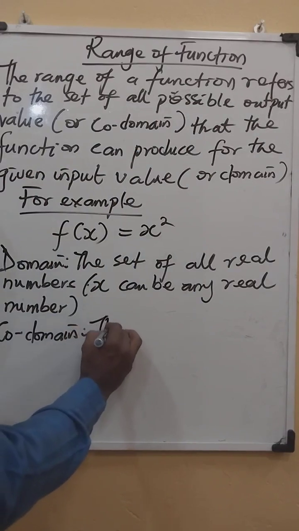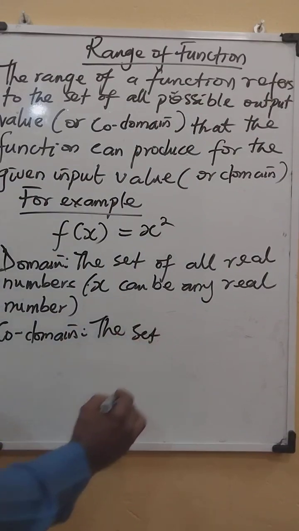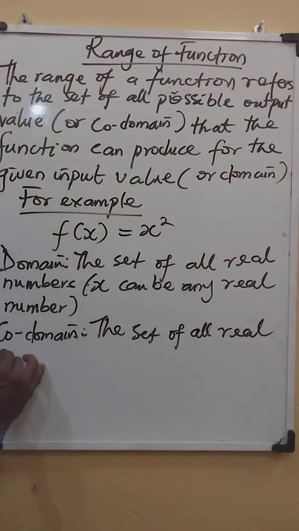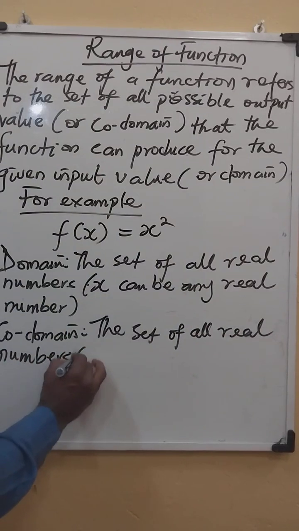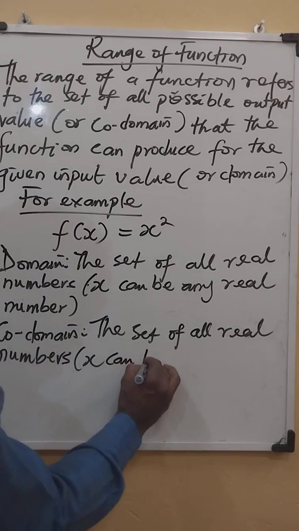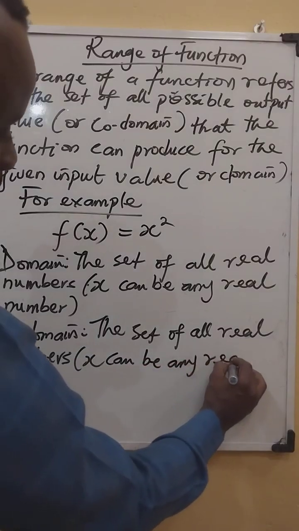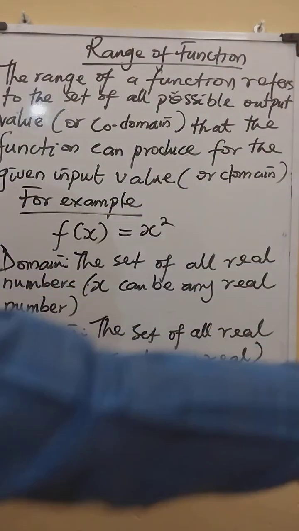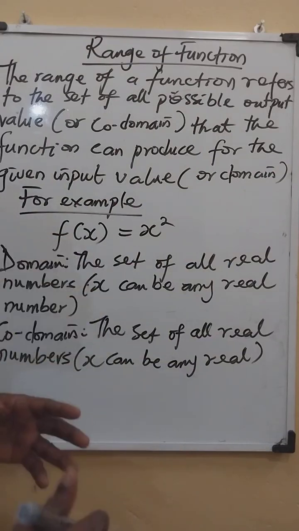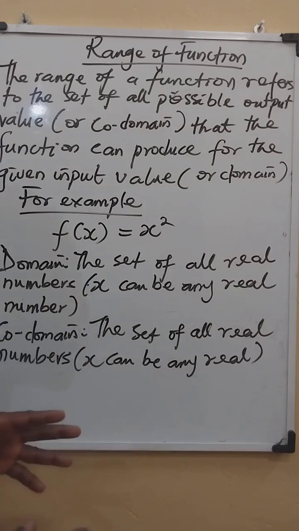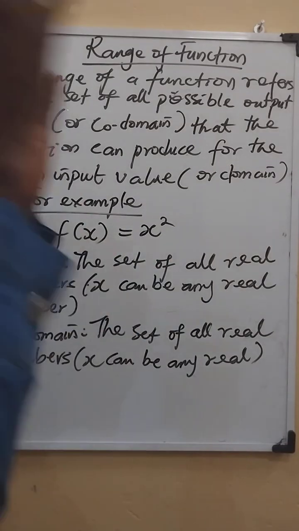So the codomain is the set of all real numbers. x in this case can be any real number as well. So the input will be a real number, the output will also be a real number. If the input is not a real number, the output cannot be a real number. So the first thing that should come to your mind is: what is a real number?